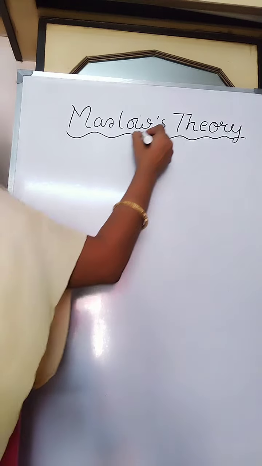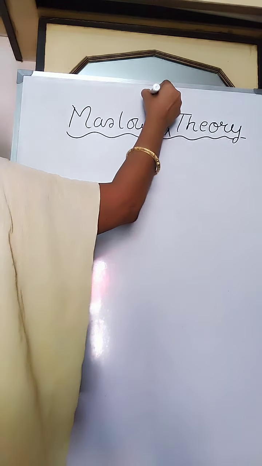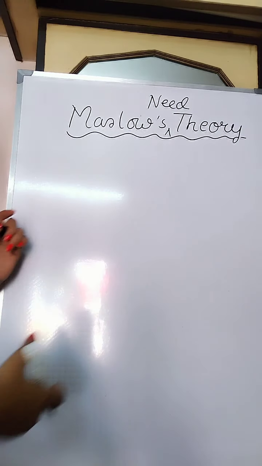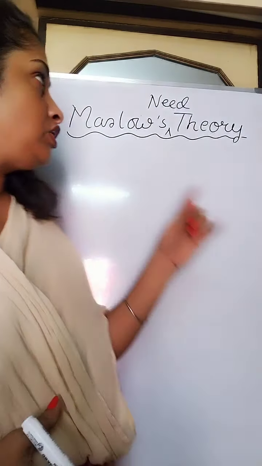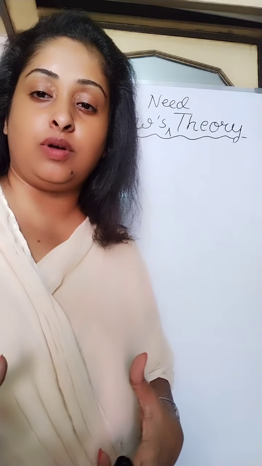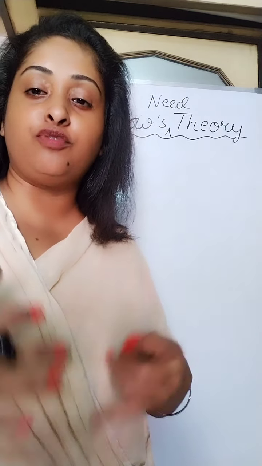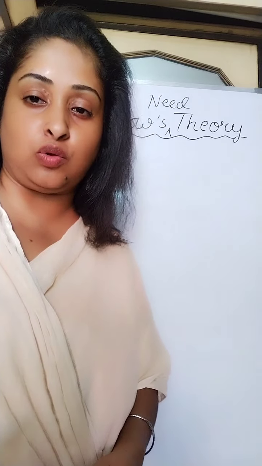Actually, Maslow's theory is called Maslow's need theory. Why is it so called? First I will explain who this Maslow is. Maslow's name is Abraham Maslow. Maslow is his surname.